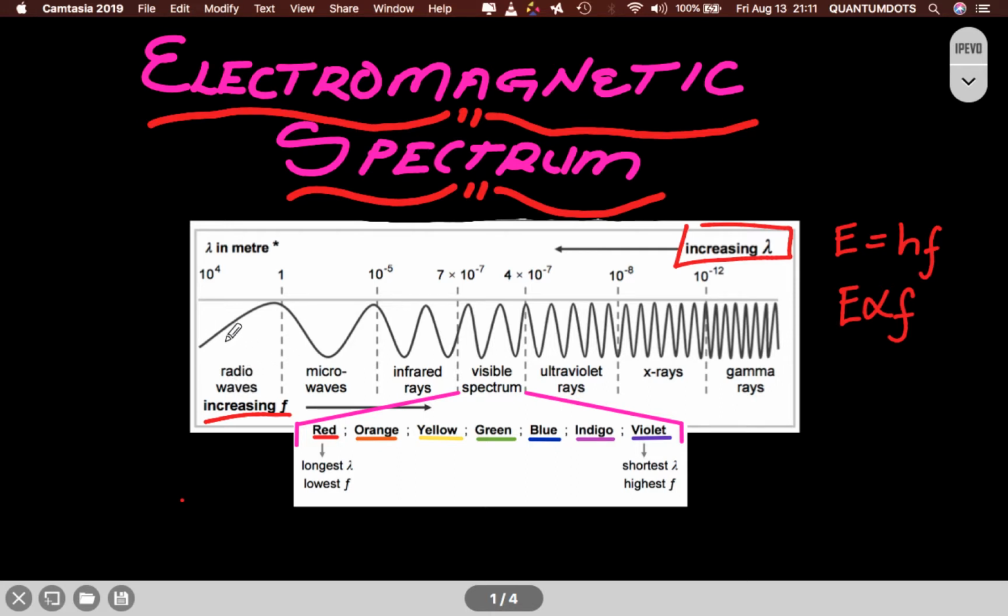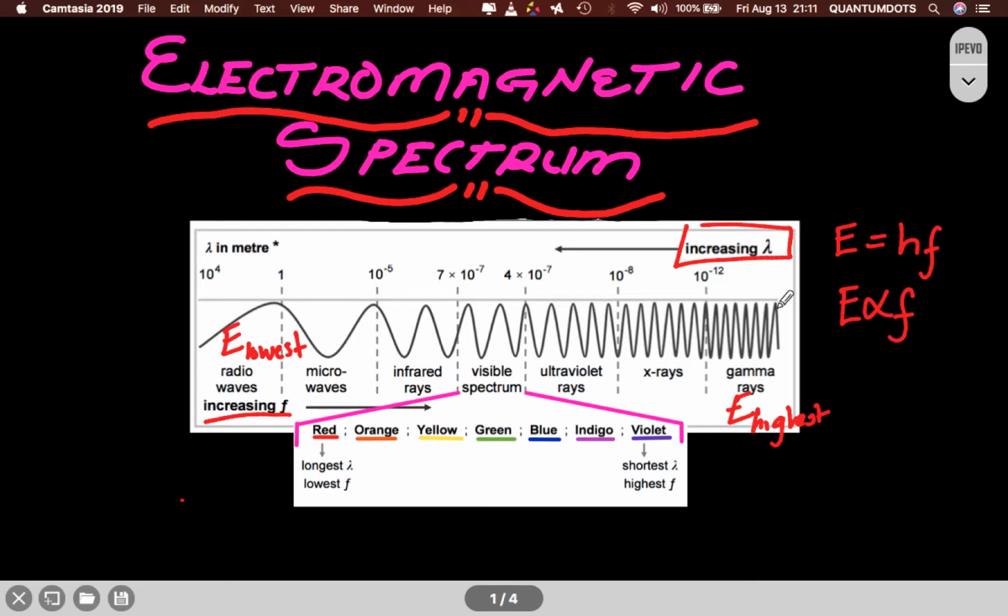Here we're saying E is going to be the lowest here, and then E is going to be the highest on this side. And all this is as a result of the fact that the frequency increases as we move from the radio waves to the gamma rays.